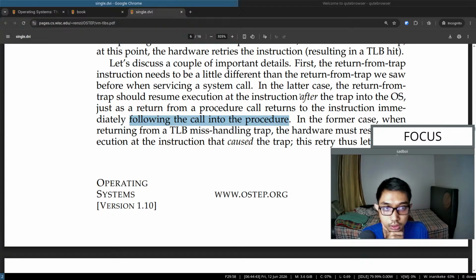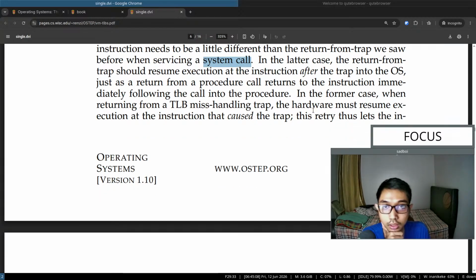Right, we are resuming execution, executing the next instruction after the system call.